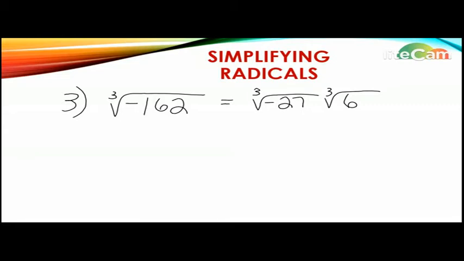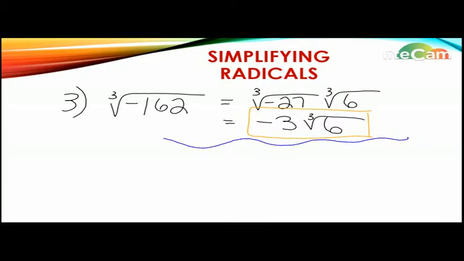So I tried dividing 162 by 27, and I got a whole number, which was 6, which is what I want. So I left the negative with the 27 here, because the cube root of negative 27 is going to be negative 3. We are not going to have any imaginary numbers in this chapter. So I've got a negative 3 with a cube root of 6. I can't break down the 6, so I'm going to leave it inside of the radical.